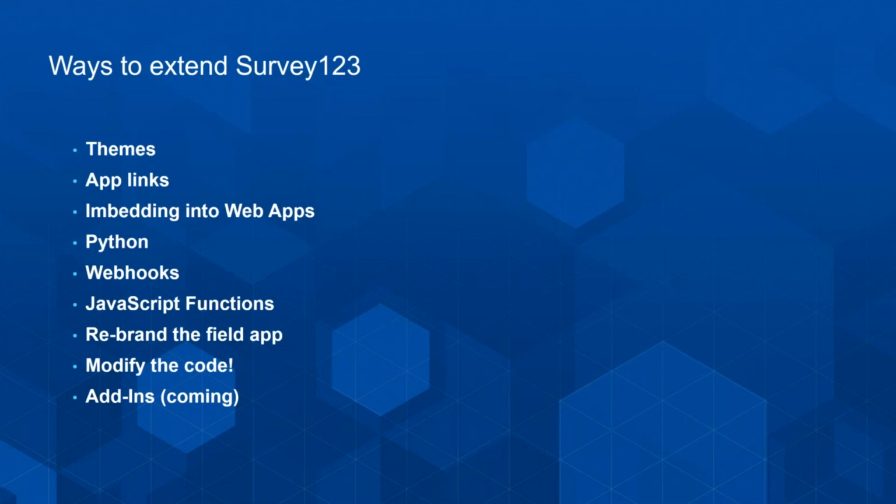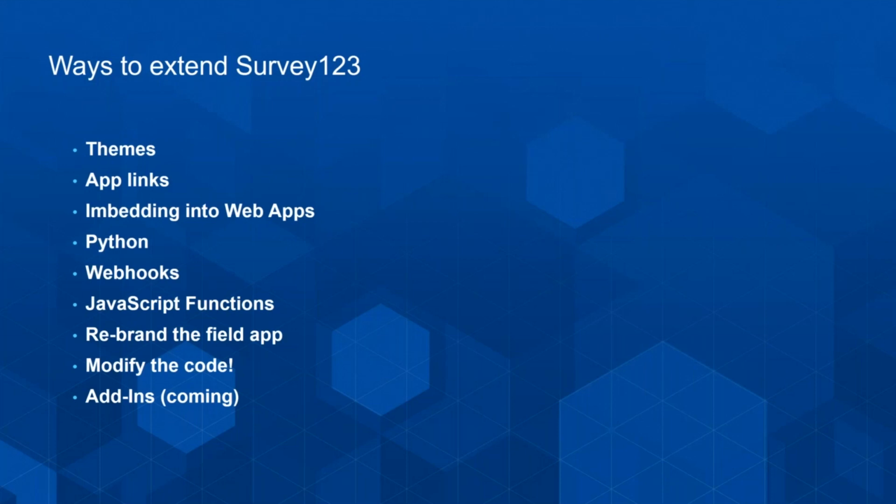You might want to use app links, so you're opening other apps from Survey123 and sending parameters, or opening Survey123 and sending parameters to the app when you open it. You can embed it into various web apps, the web experience for Survey123. You might want to use Python to automate data management, capturing data and moving data around when you capture data from the survey.